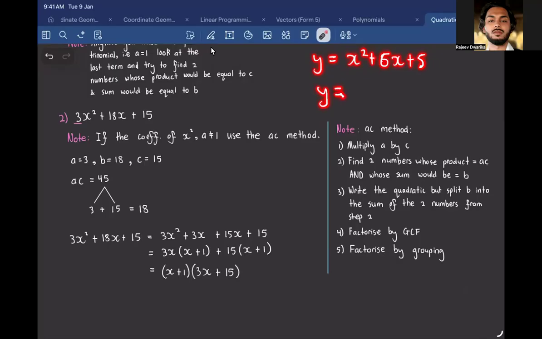Hint, factorize. I finished, sir. Okay, copy down the entire thing. Yep. Okay, cool. So Serena, what's another way I could write this? Open brackets x plus 1 and the next open brackets x plus 5.